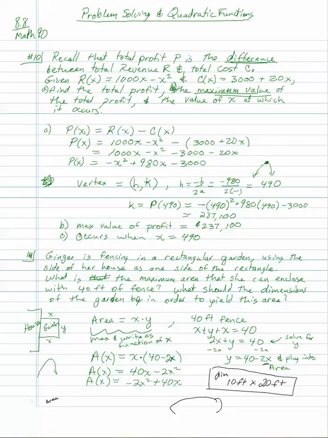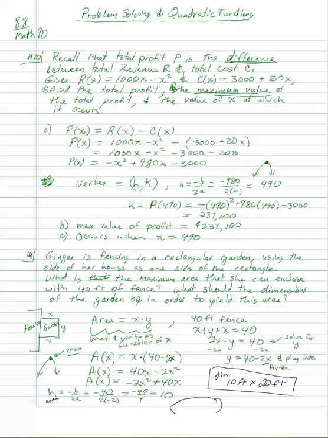So it's opening down, so we're going to get a maximum value at the vertex for area. Again, h is going to be opposite of b over 2a, which is negative 40 over 2 times negative 2, negative 40 over negative 4. That's 10.